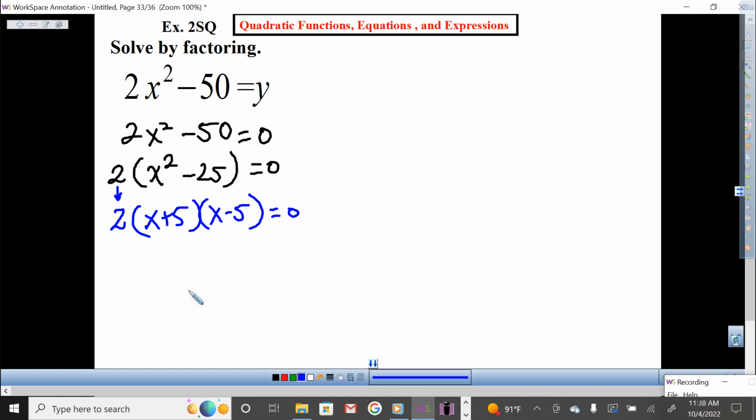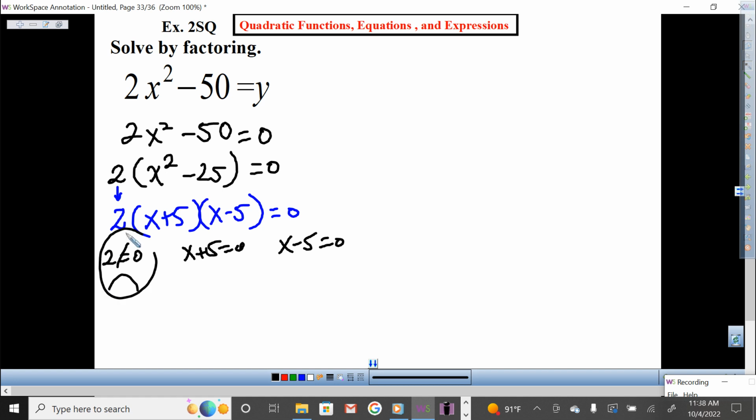All right, next step. Yeah, all these equal to 0, yes? So 2 equal to 0, x plus 5 equal to 0, and x minus 5 equal to 0. Now notice I did put all three factors equal to 0, but is 2 equal to 0?